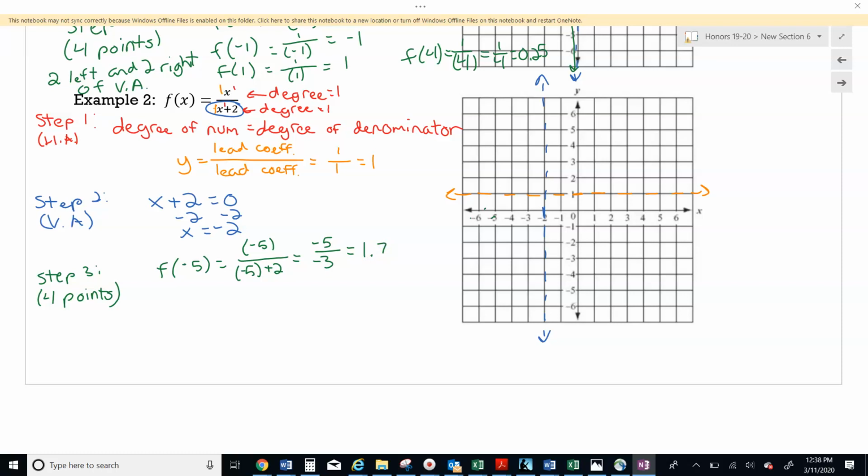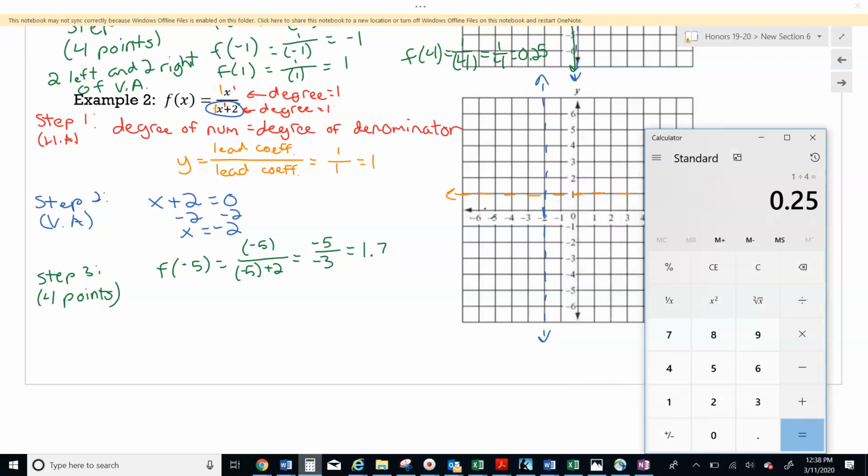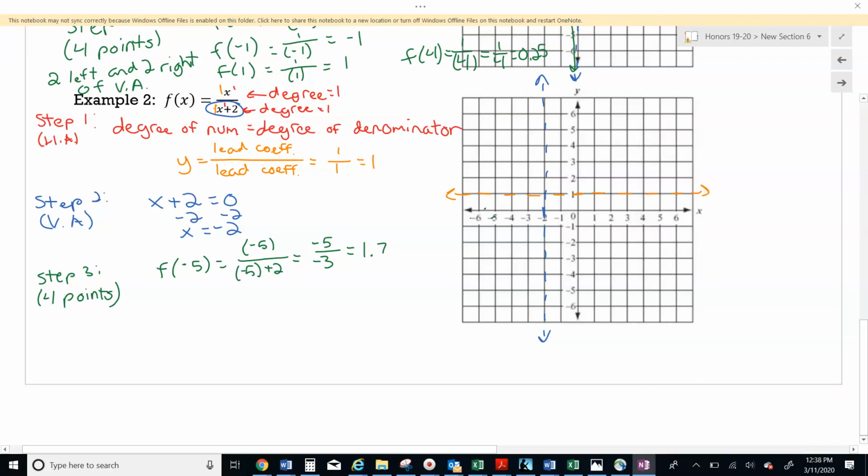If I do negative 5 divided by negative 3, right, 1.7.